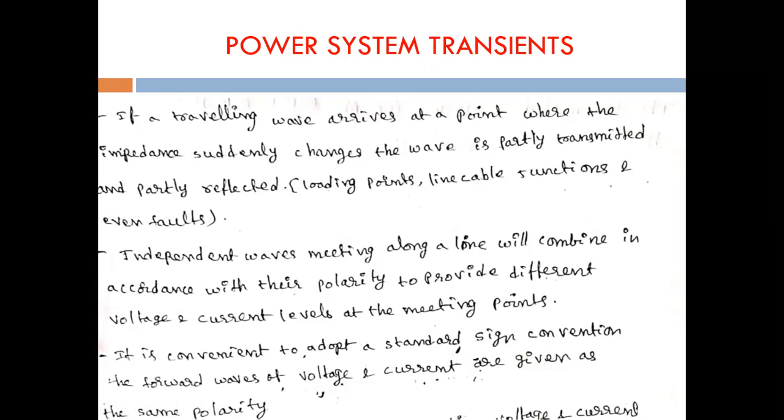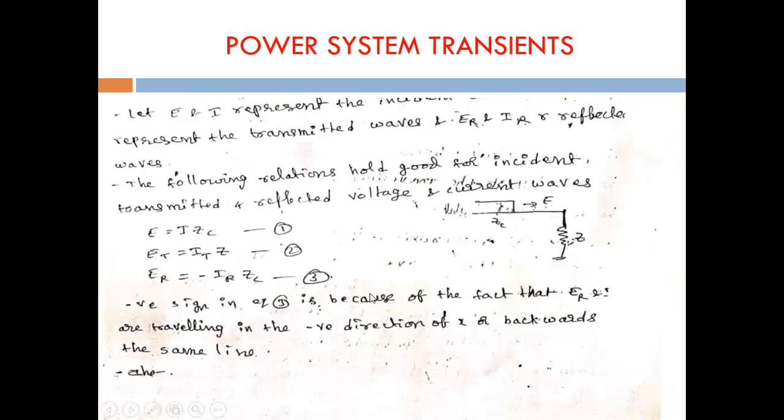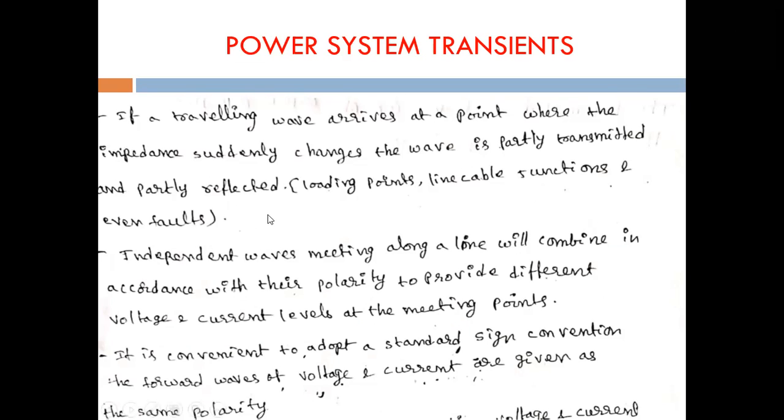This happens at loading points and line-cable junctions. The impedance waves meeting along a line combine in accordance with their polarities, giving different voltage and current levels.